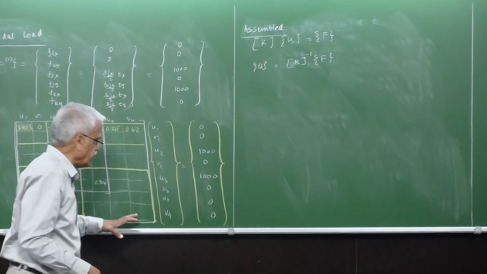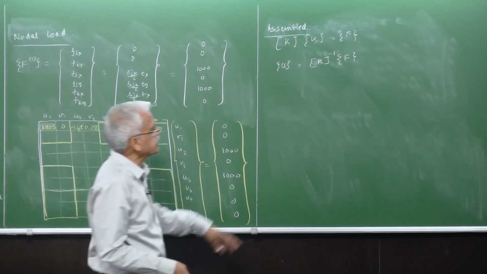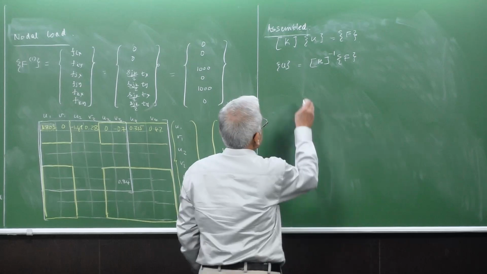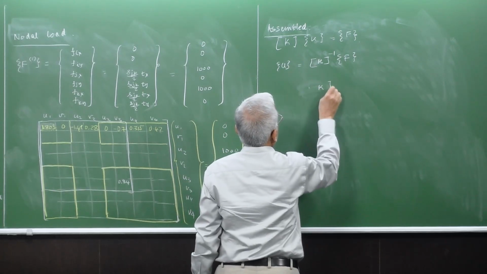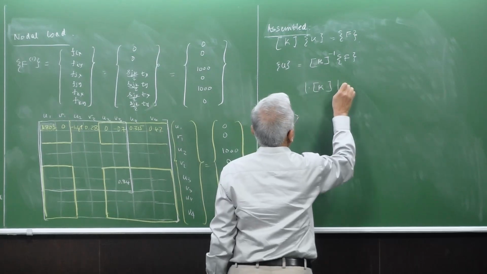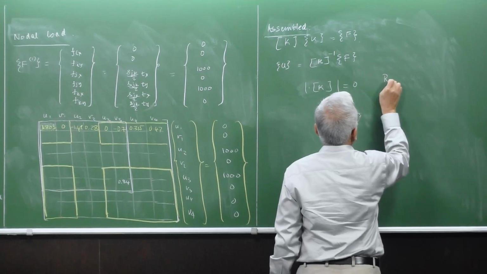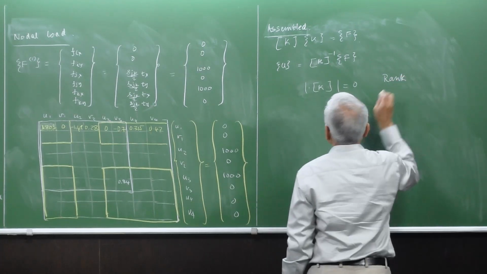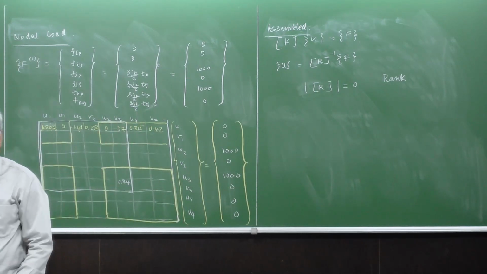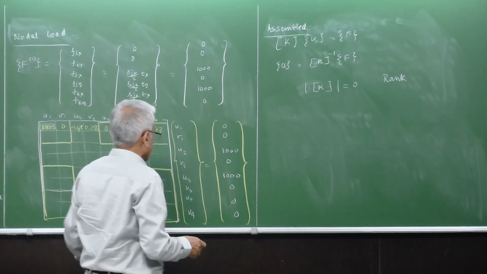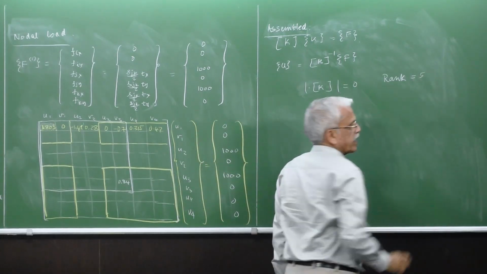But if you feed this into your MATLAB or something like that, the K inverse doesn't exist because this K, the determinant is 0. In fact, if you look at the rank, this is what we were discussing earlier in the beginning. So what is the rank of this matrix? The rank of this matrix, this being 8 by 8, is only 5.